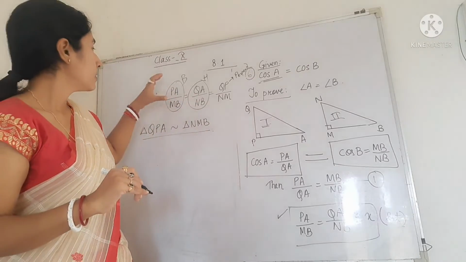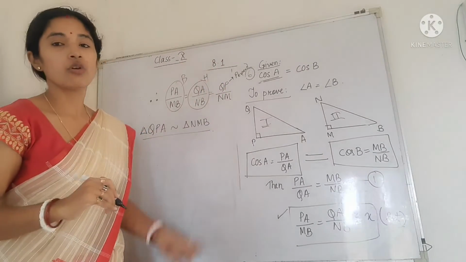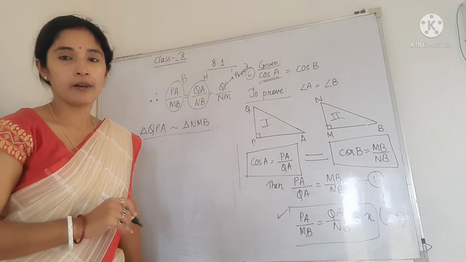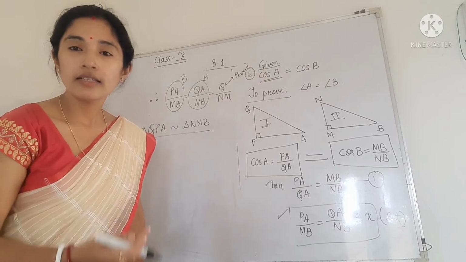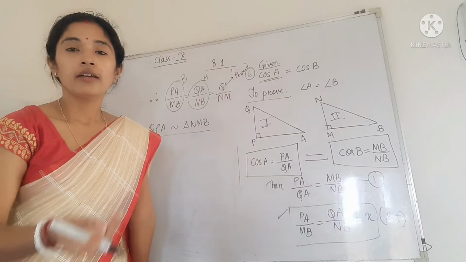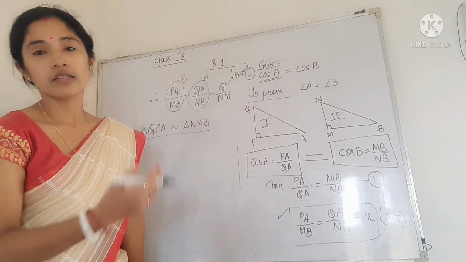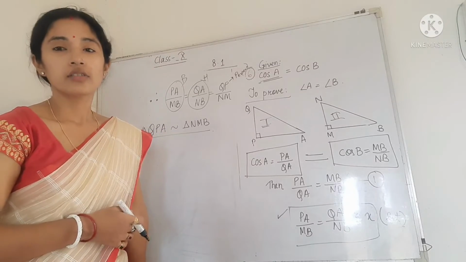So the ratio of the three sides are equal in both the triangles, and this criterion is called SSS, and by this criterion we can say that the two triangles are similar.